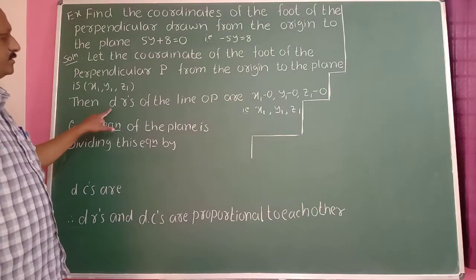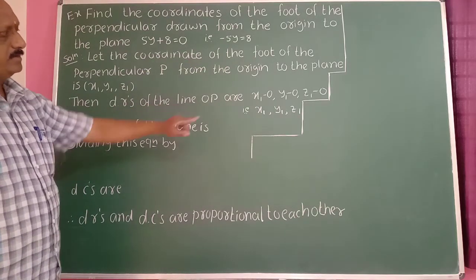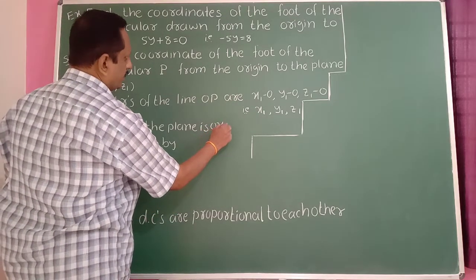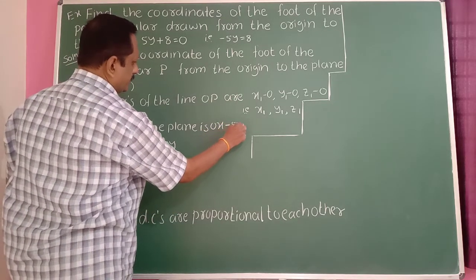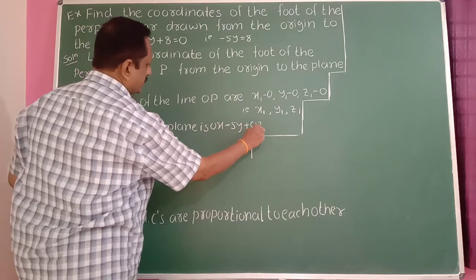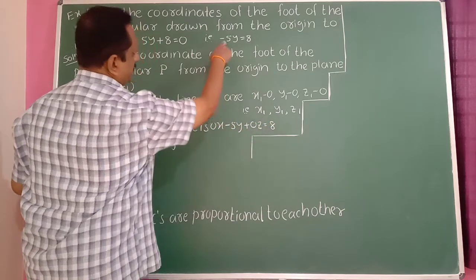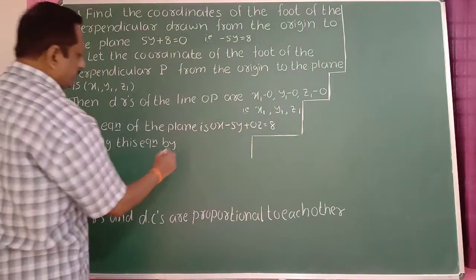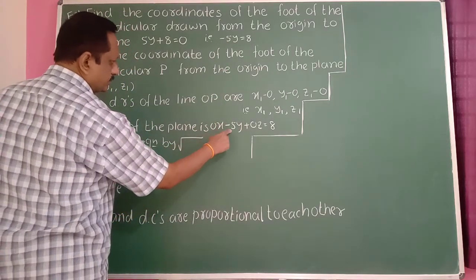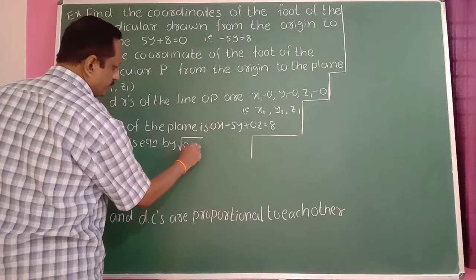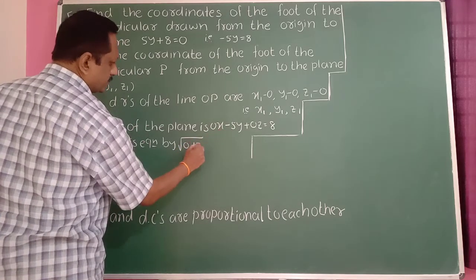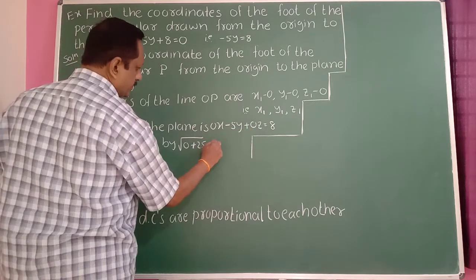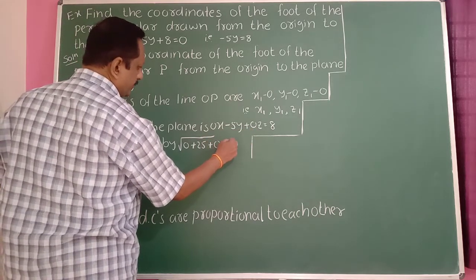Hence the direction ratios of the line OP are x1, y1, z1. The equation of the plane is 0x minus 5y plus 0z is equal to 8. Dividing this equation by root of 0 square plus minus 5 square, which is 25, plus 0 square, the square root of 25 is 5.